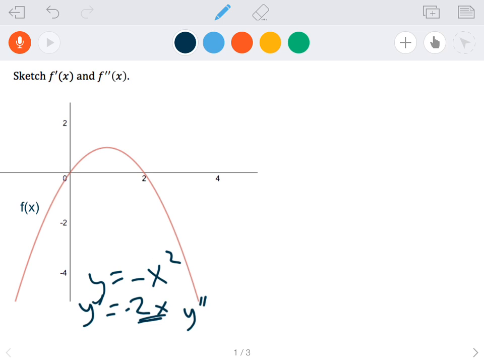And then y double prime should just be a constant. I don't know what exactly those values are, but I've got here, okay, I should have a negatively sloped straight line for my first derivative, and then a flat, horizontal, negative line for the second derivative.